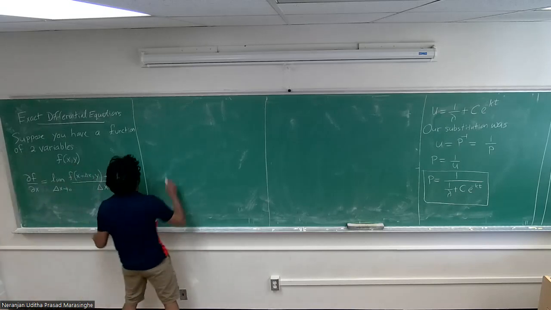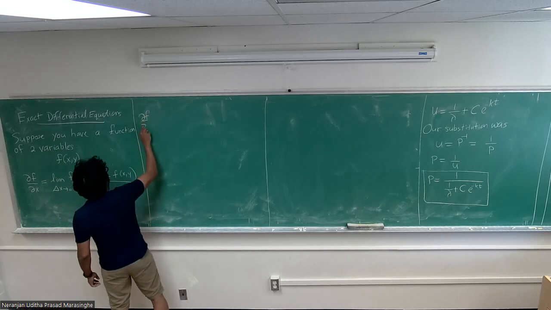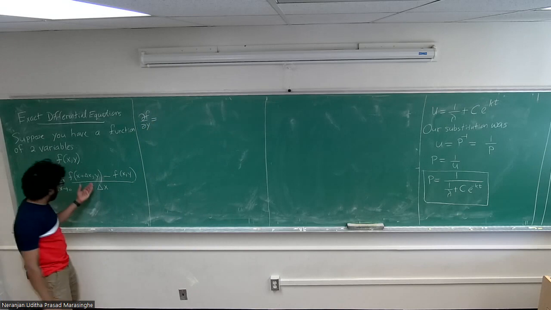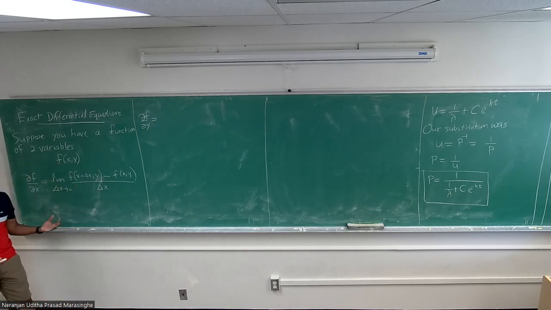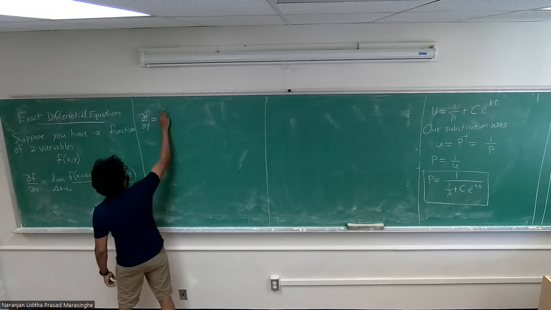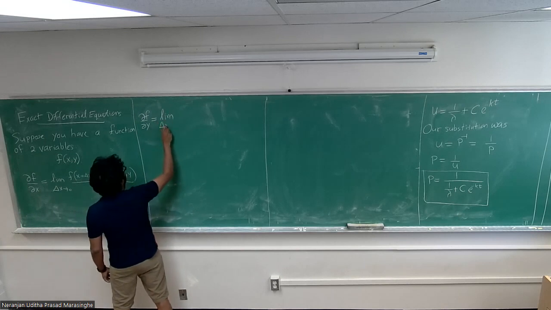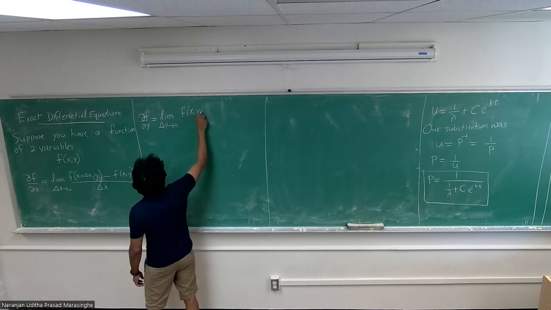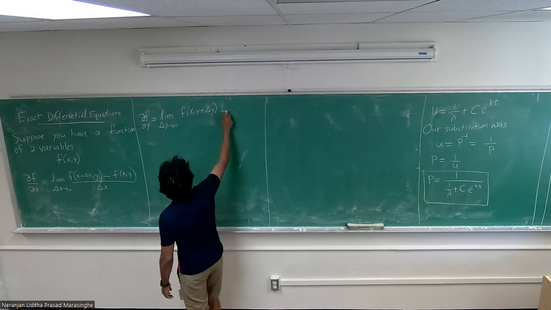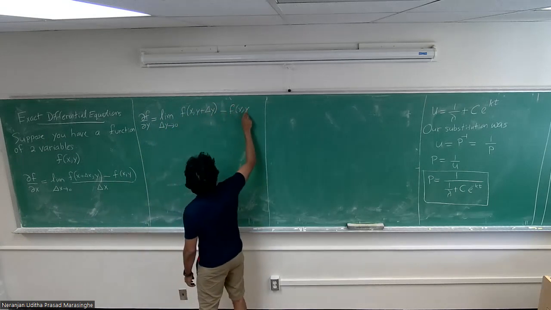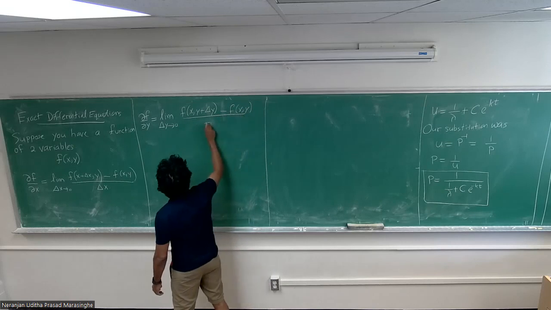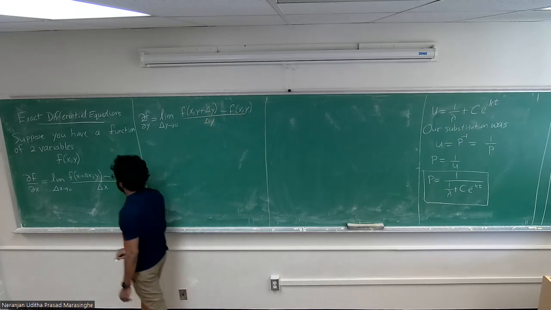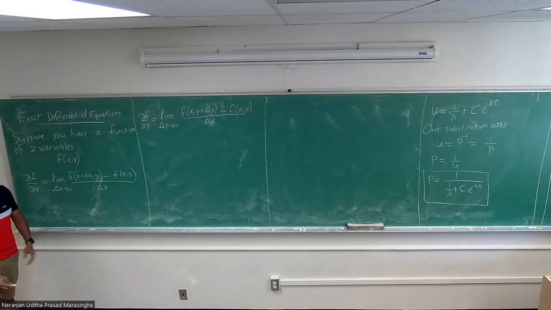Similarly, what is ∂f over ∂y? Now you think x is a constant and you change y. Limit as delta y goes to 0 of f of x, y plus delta y, minus f of x, y, divided by delta y. These are the partial derivatives of f with respect to x and y.